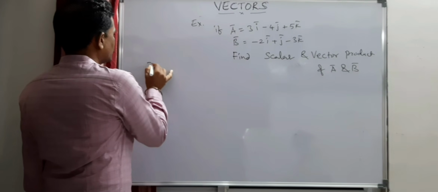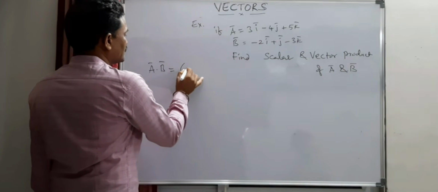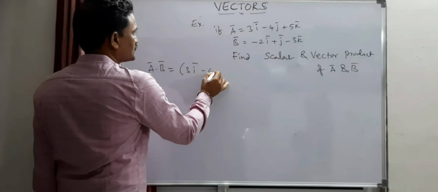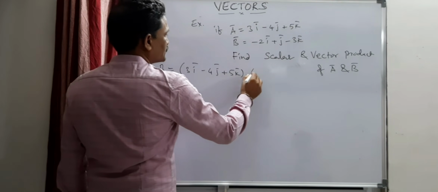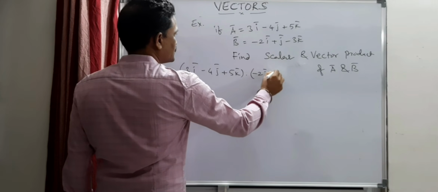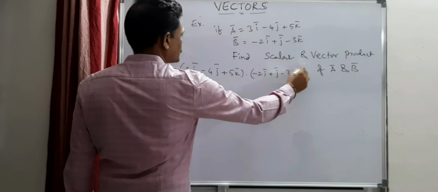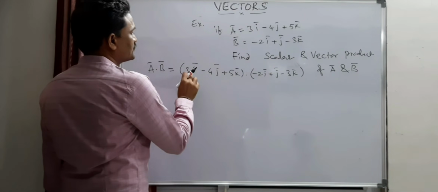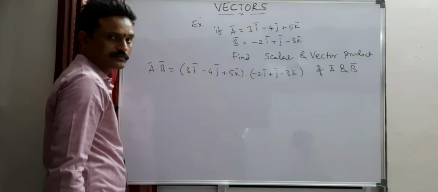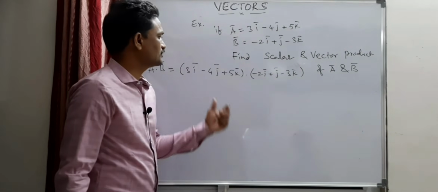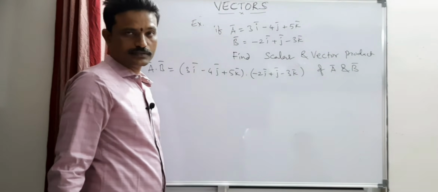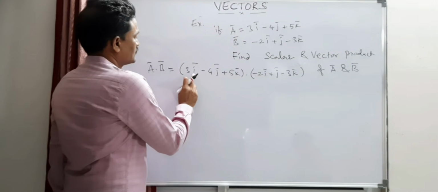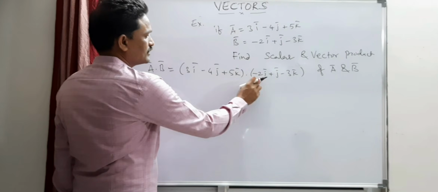As I told you, A dot B, just write like this: 3i minus 4j plus 5k dot minus 2i plus j minus 3k. Just multiply the coefficients of i, j and k, but you have to take care of the negative and positive signs. Now, coefficient of i here is 3, here it is minus 2.